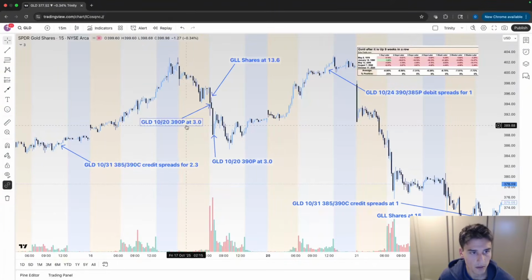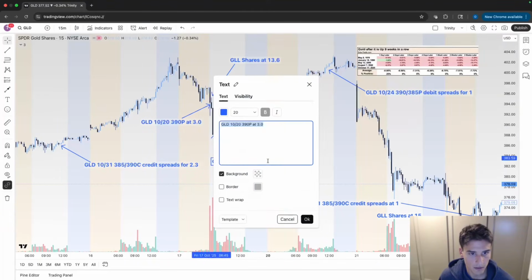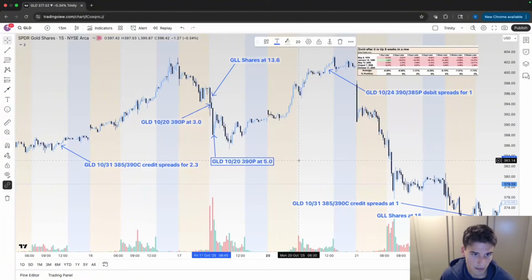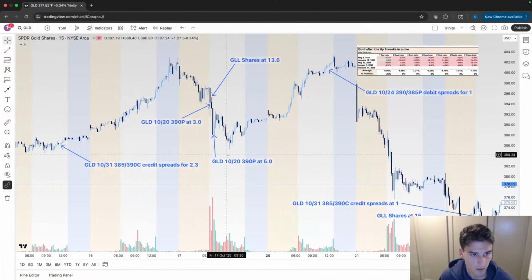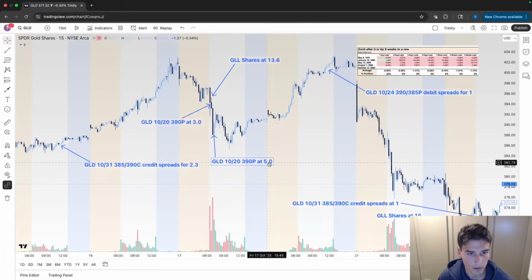The puts paid pretty quickly. Oops, this should be 5. The puts almost doubled, from 3 to 5 on this aggressive move lower. Then we took the profit and wanted to remain in the GLL shares.